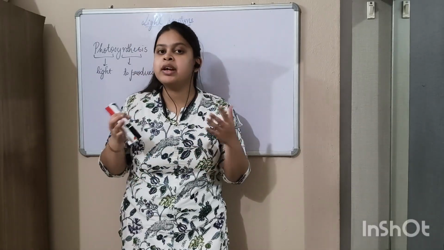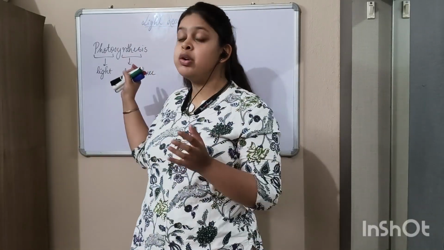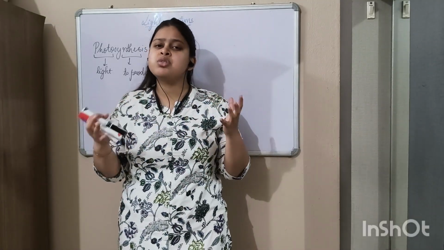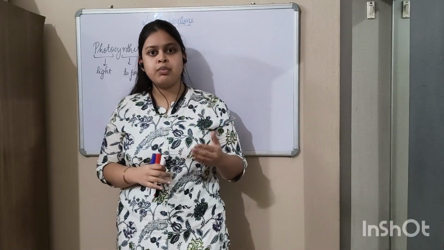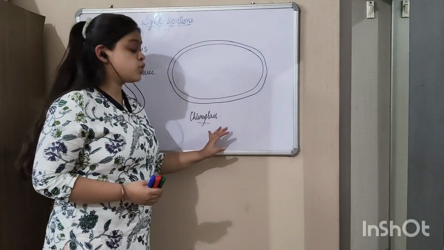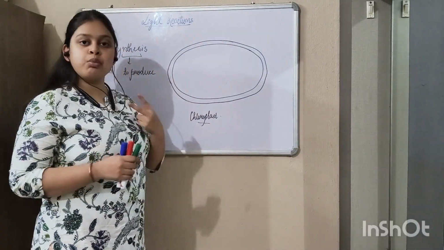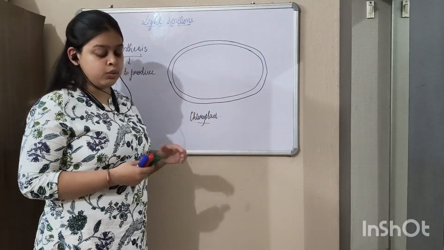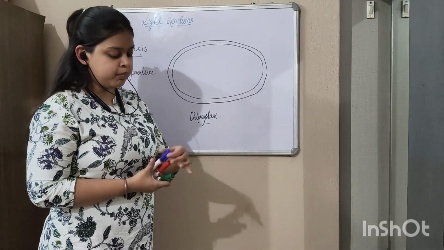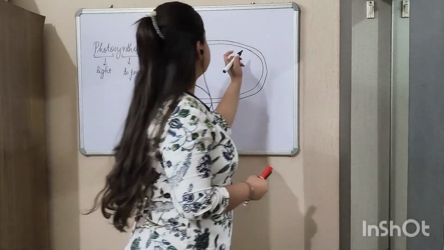Before we dive into the entire process of light reaction which we are going to discuss today, let us first recapitulate the basic structure of chloroplast and then we will move forward. If we see the basic structure of the chloroplast, it is a two-membrane organelle.